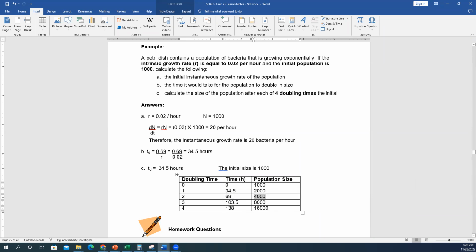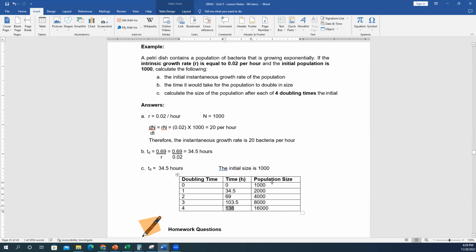After another 34.5 hours, we are at 103.5 hours, doubled again from 4,000 to 8,000. And finally, the fourth doubling time, after another 34.5 hours, we are at 138 hours, and our population doubles again from 8,000 to 16,000.